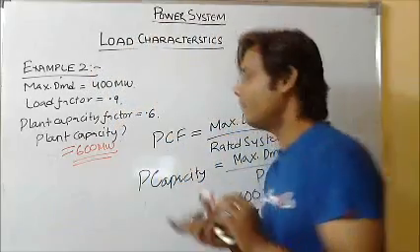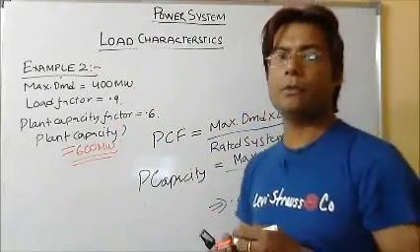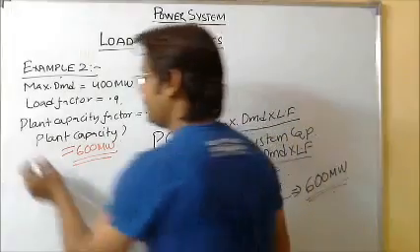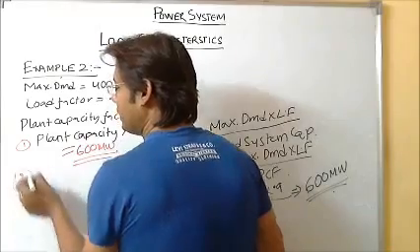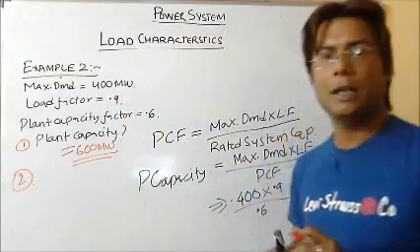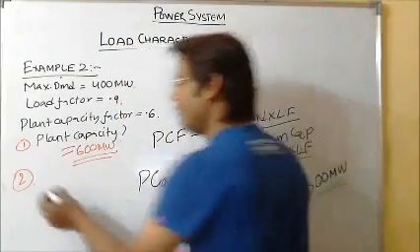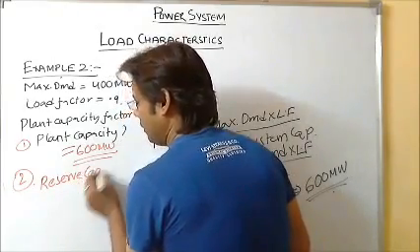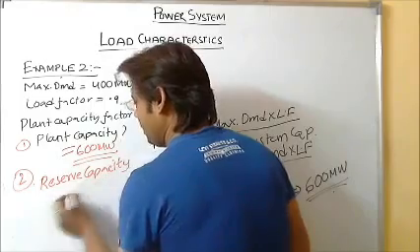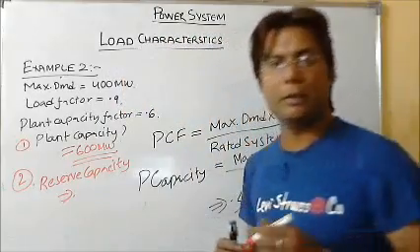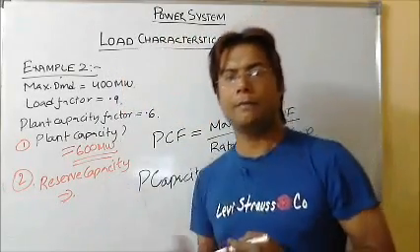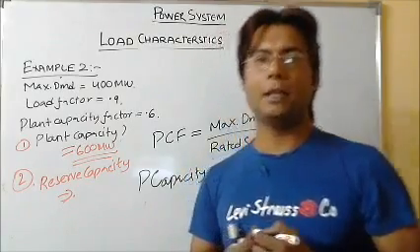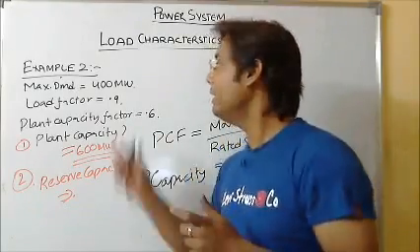In the same question, if the second part asked for the reserve capacity also, then this reserve capacity will be equal to, as we have calculated in the previous example also, the rated system capacity or the plant capacity minus the maximum demand.